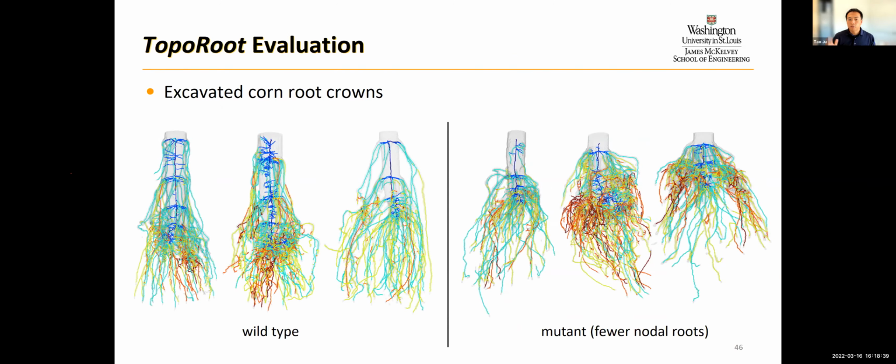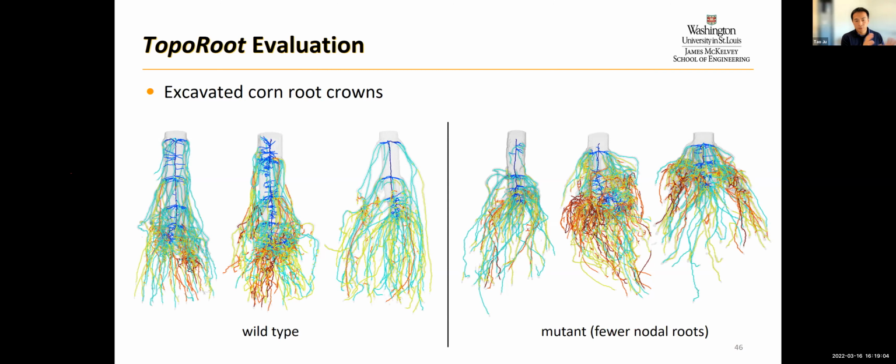The software pipeline was evaluated on actual corn roots excavated from the field, in Missouri, actually in Illinois. I think they crossed the state boundary, that's where their fields are. Here are some examples of the roots, and the coloring again shows the hierarchy computed from our software. They planted two different types of corn.